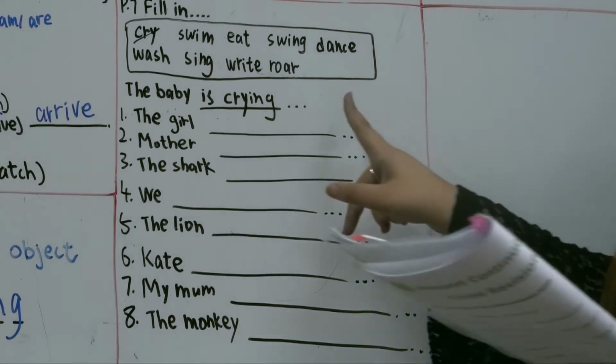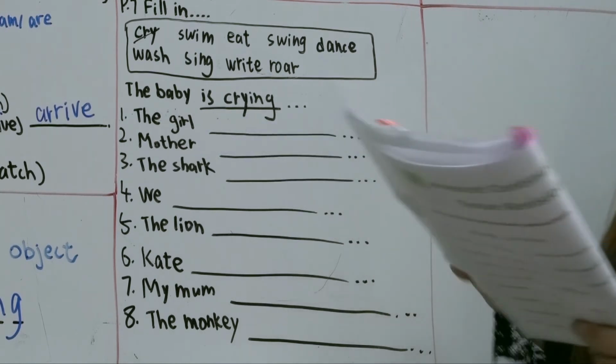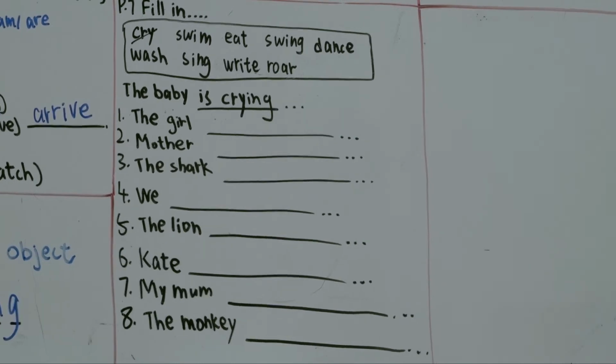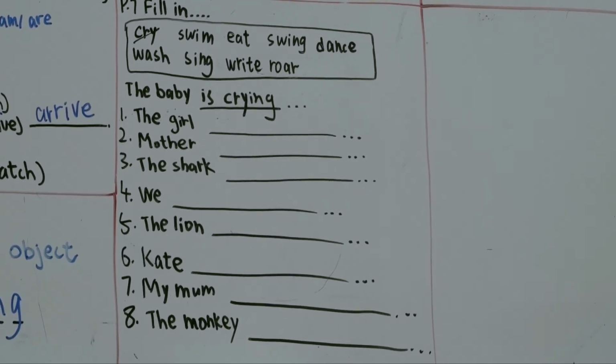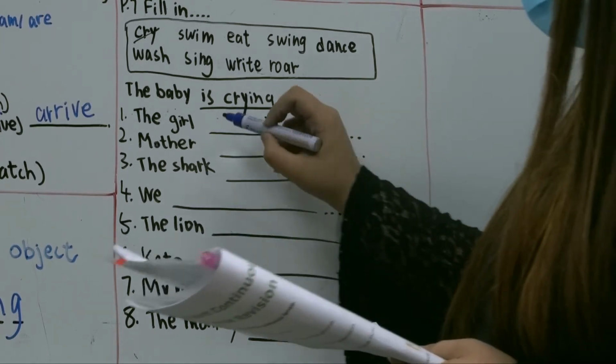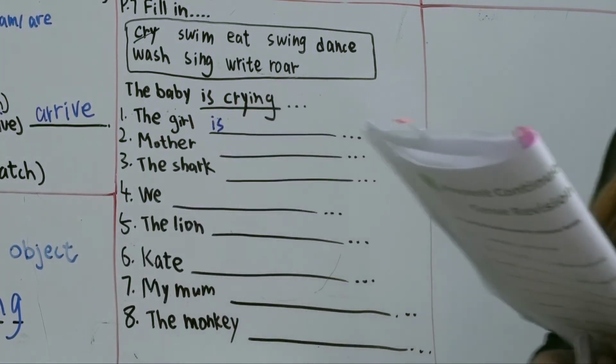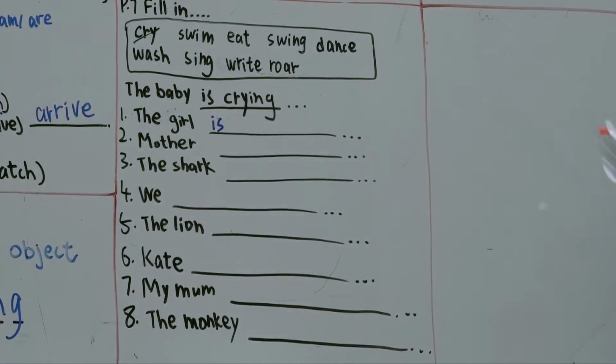Crying has been done for you. Let's do number 1. The girl space to the music. For the girl, which verb to be do we use? Is, am, or which one? Is, right? What can you do with the music? Can you swim the music? No. Can you eat the music? No. Can you swing the music?